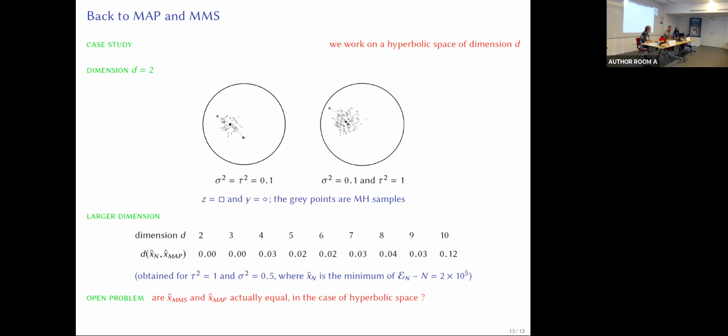I guess the advantage of the MAP is that it can be computed without sampling. It's so much easier to compute. So would it be a good first approximation, at least, to the MMS? That's the general question. The second question on that line is that what you have right now is two isotropic Gaussians.